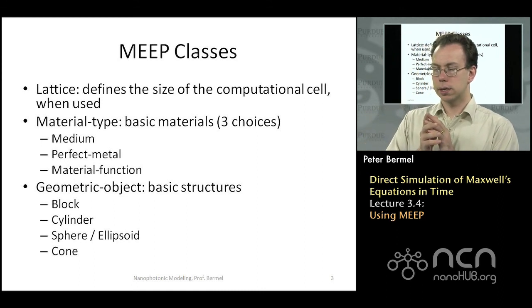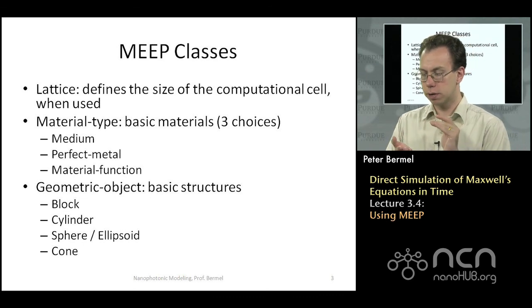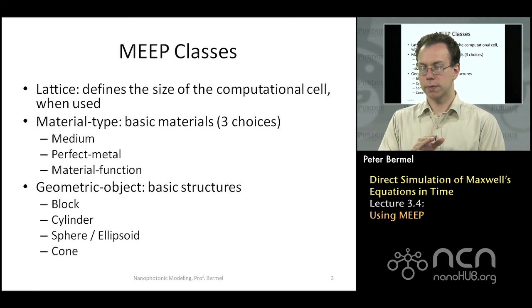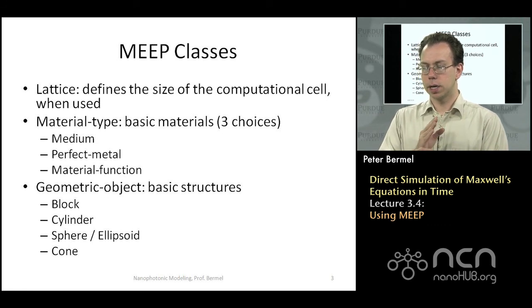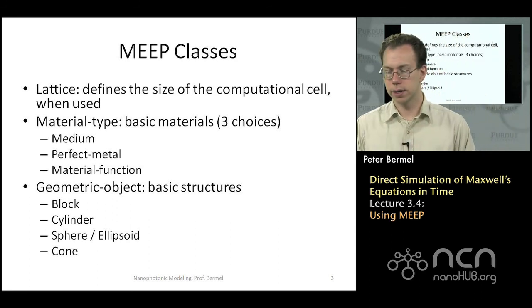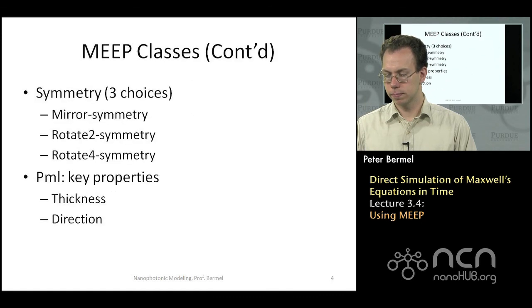Certain key types that are widely used include blocks, which could be either cubes or something that's distorted from a cube, a cylinder, so usually a right cylinder, and then a cone, along similar lines, which comes up to a point, and then spheres, and then distortions of spheres like ellipsoids. So those are all allowed within MEEP. Of course, you could create something more general as well.